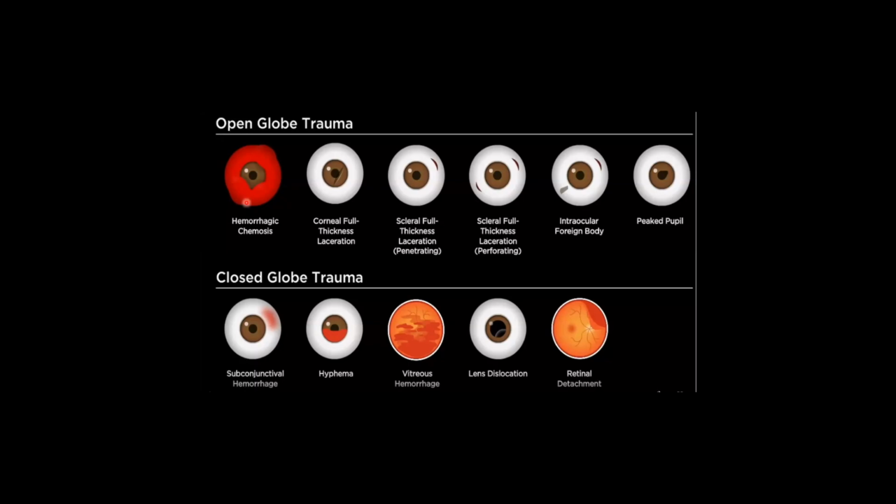What is the definition for globe rupture based on the BETT classification? Can someone provide an answer for that? Globe rupture is a break in the eye wall caused by blunt trauma, and laceration is a full thickness wound in the eye wall caused by sharp objects.